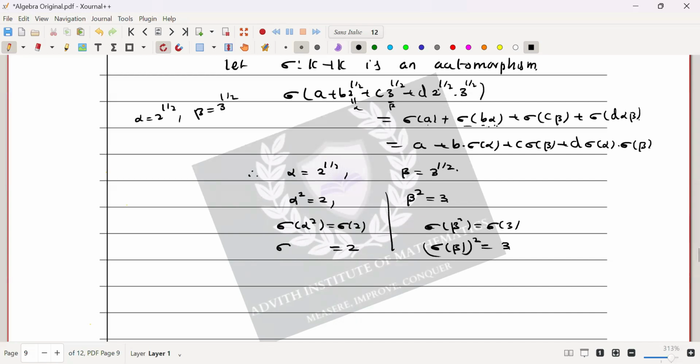So sigma of beta whole square equals 3, and sigma of alpha whole square equals 2. Therefore sigma of alpha is equal to 2 power 1 by 2 or minus 2 power 1 by 2, and sigma of beta is equal to 3 power 1 by 2 or minus 3 power 1 by 2. So sigma of alpha has 2 choices and sigma of beta has 2 choices.